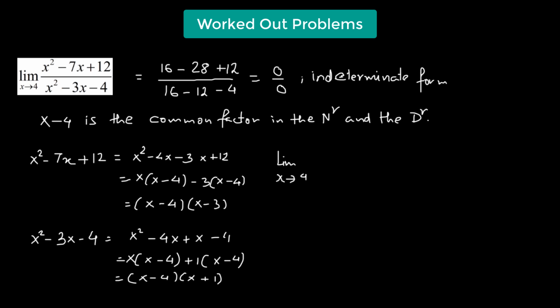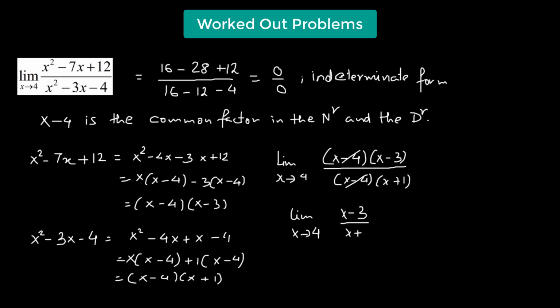So we have x minus 4 times x minus 3 in the numerator, divided by x minus 4 times x plus 1. So the common factor, which is x minus 4, is going to get cancelled out, leaving us with limit x going to 4, x minus 3 divided by x plus 1.